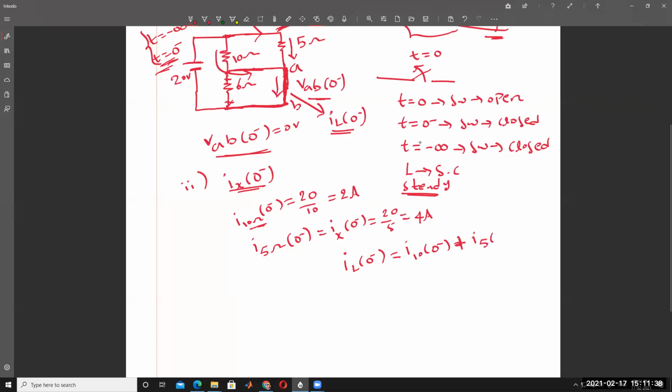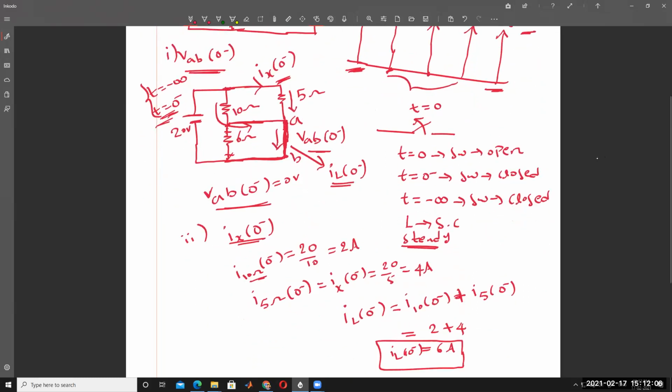So 2 plus 4, 6 amps. IL of 0 minus is equal to 6 amps. This is the current flowing into the inductor at IL of 0 minus. Okay, understood.